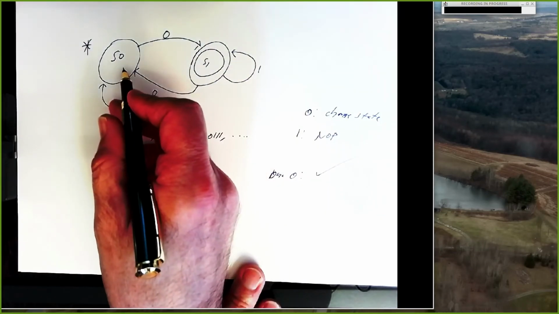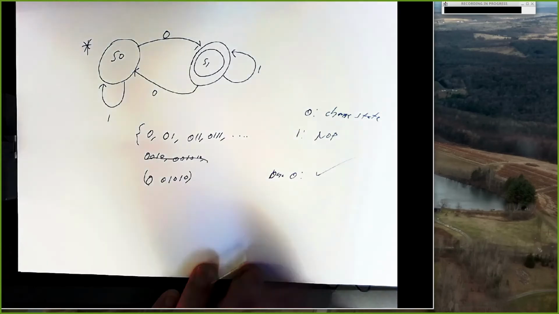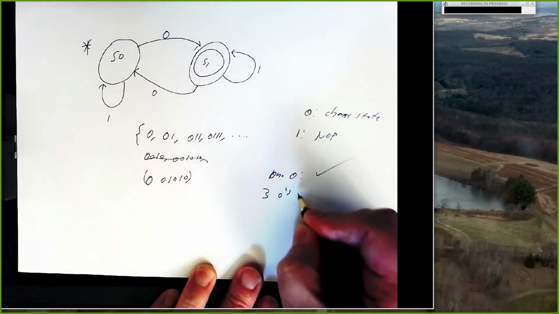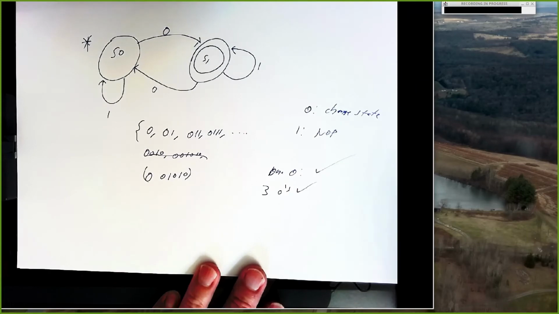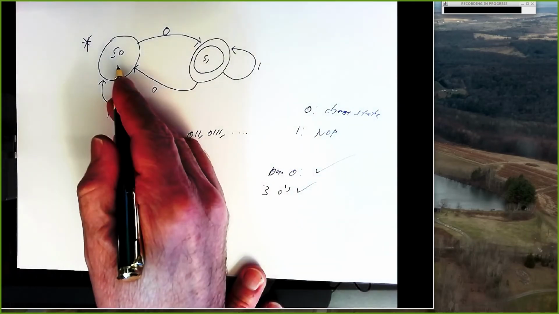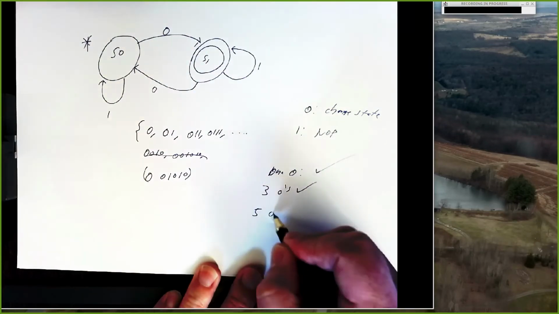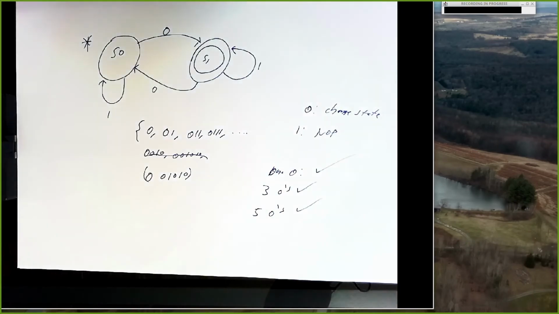A second 0 will leave us unrecognized, but a third 0 would also be recognized. A fourth one would bring us back to S0, but a fifth 0 would put us in our recognized state again. So is there a pattern here?